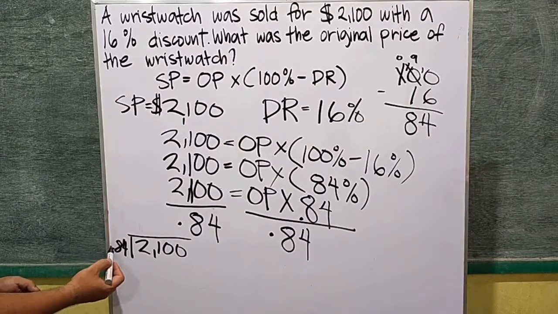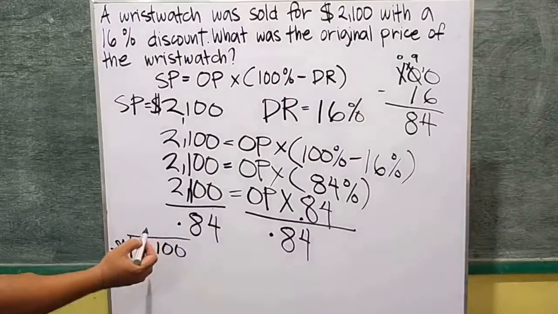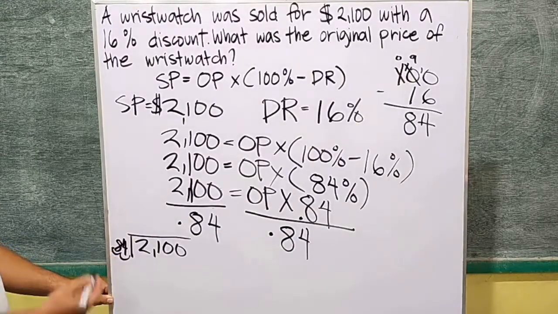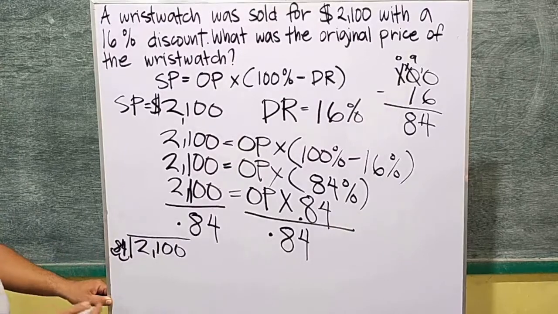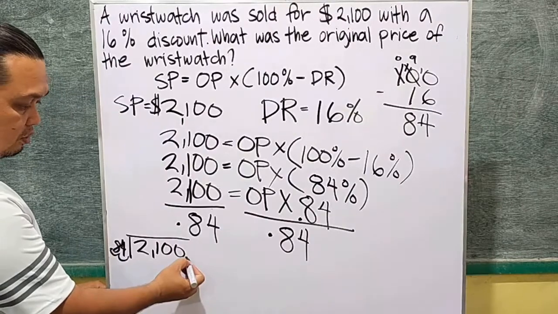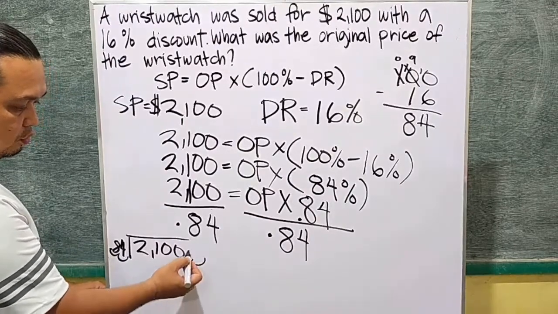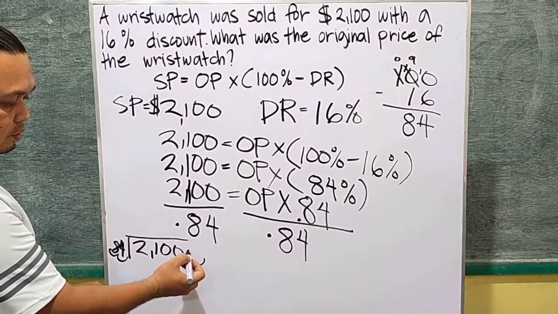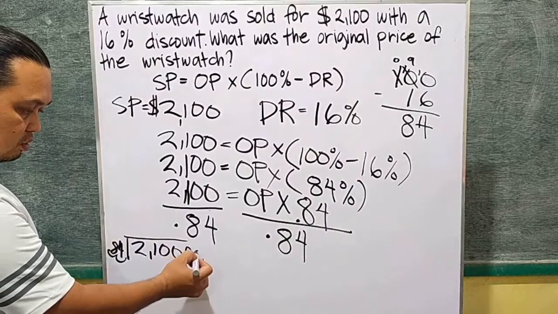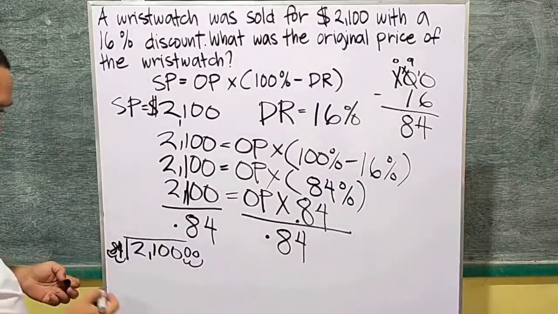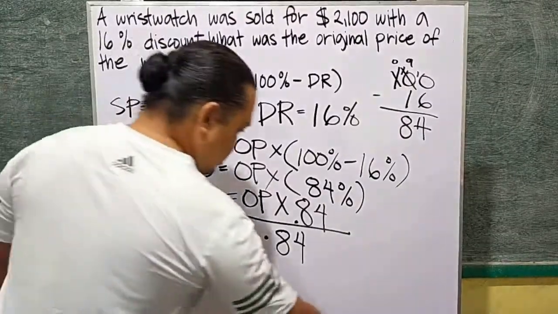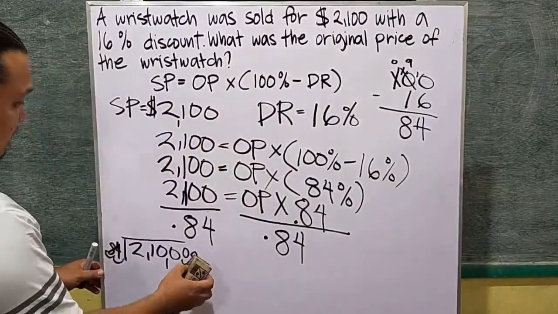By moving the decimal point to the rightmost of the number. So we need to move it 2 steps to the right. Therefore, we need also to move this decimal point 2 steps to the right also. 1, 2. So we have two blank place values here, so all we need to do is add zeros to it. So it becomes 210,000.